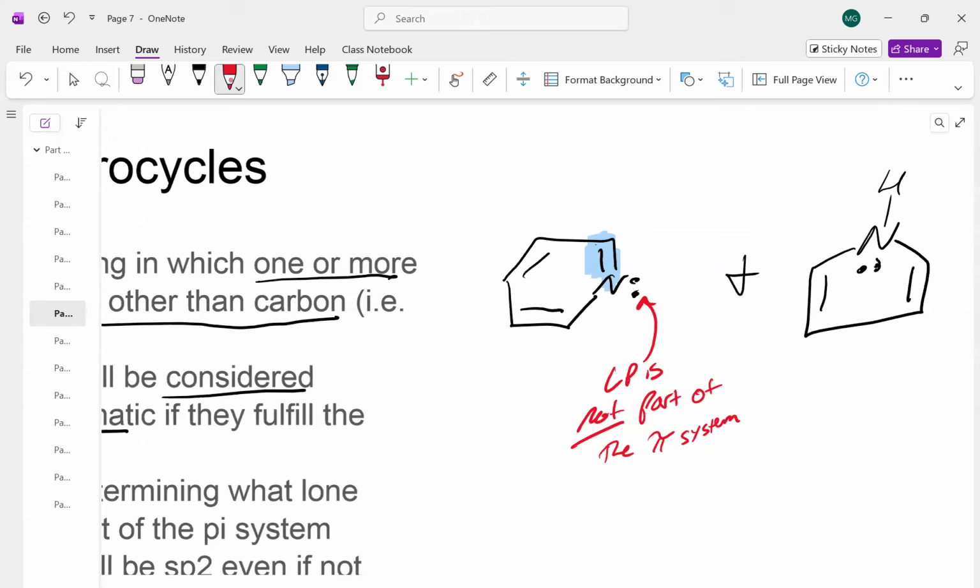That means the nitrogen only contributes one pi electron, just like the carbons. And so this compound fulfills all of the aromatic rules: cyclic, planar, closed loop of p orbitals, and it has a 4n plus 2 number of pi electrons. So that makes this aromatic.